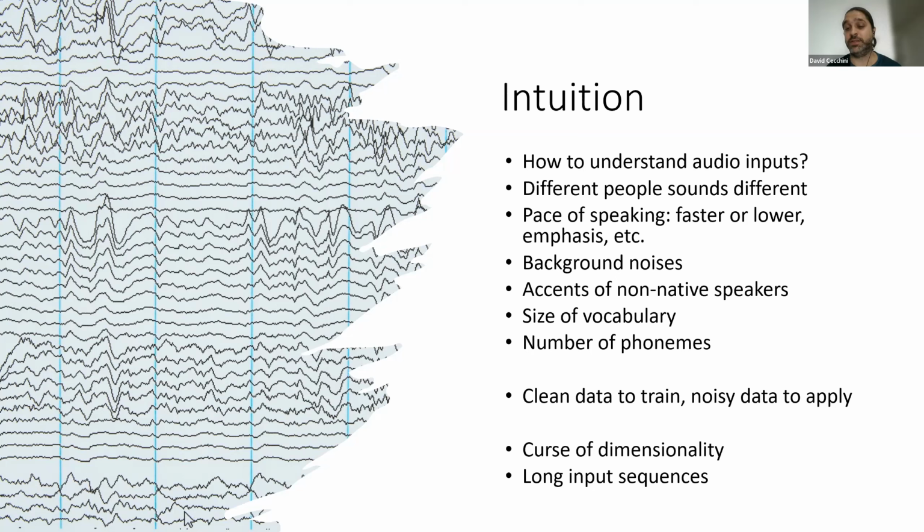I'm not an English native speaker. All of those nuances of the language affect the quality of your models, and this doesn't happen when you have text. So audio is much more complex.